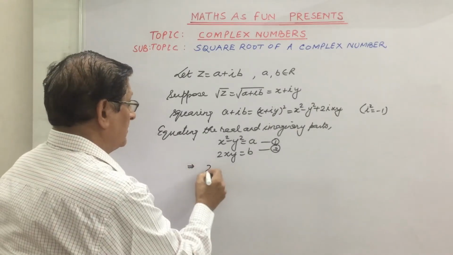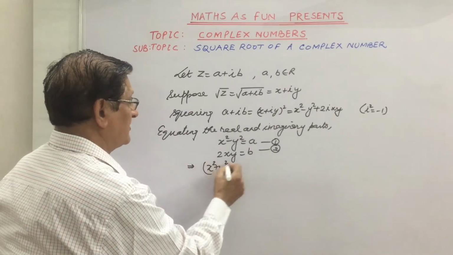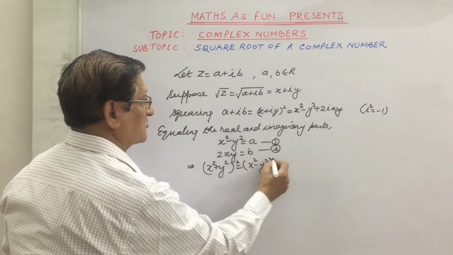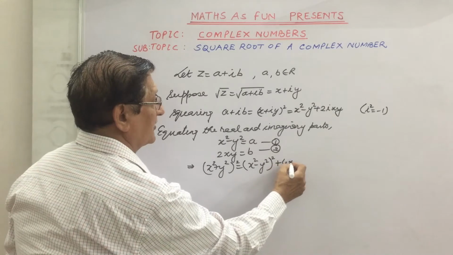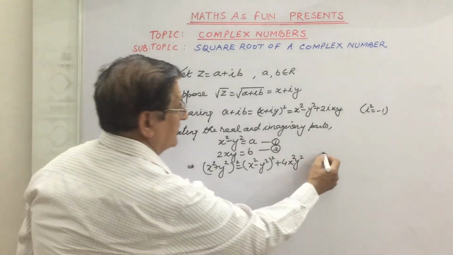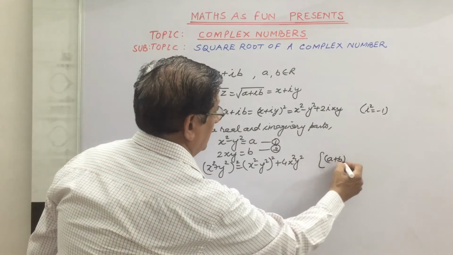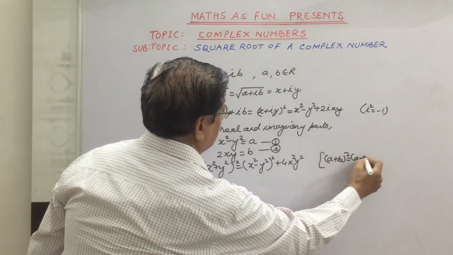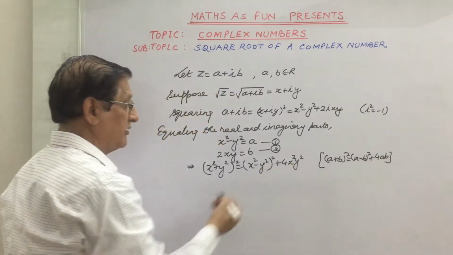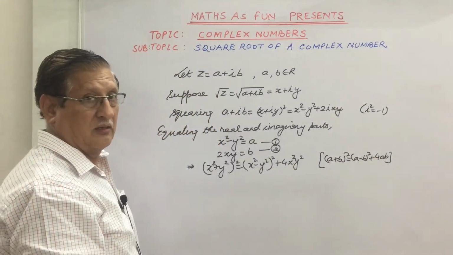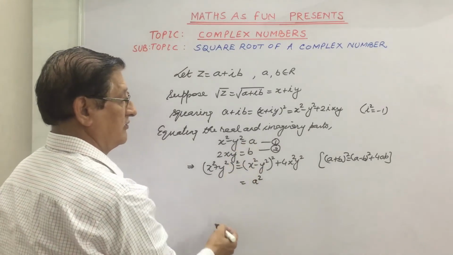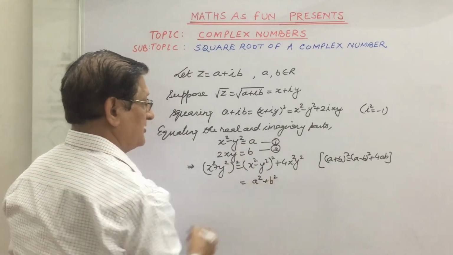We know that x square plus y square whole square is x square minus y square whole square plus 4x square y square. We have the identity that a plus b whole square is equal to a minus b whole square plus 4ab. That's what we are applying here. And if we substitute the values of these two, this will be a square and this will be b square.